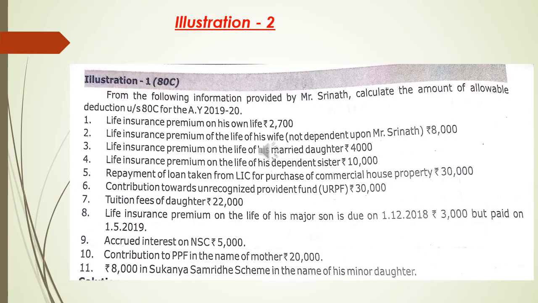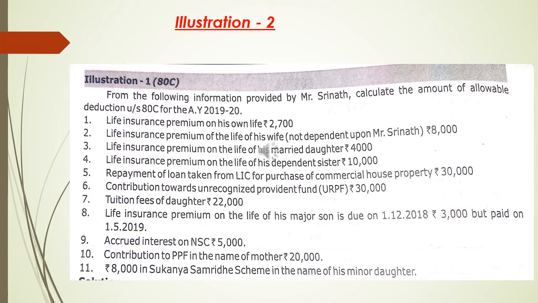Let me explain you few illustrations basically covering the section deductions. This question is mainly for ATC. The entire question mainly covers life insurance premium on his own life, wife's life, married daughter and dependent sister.